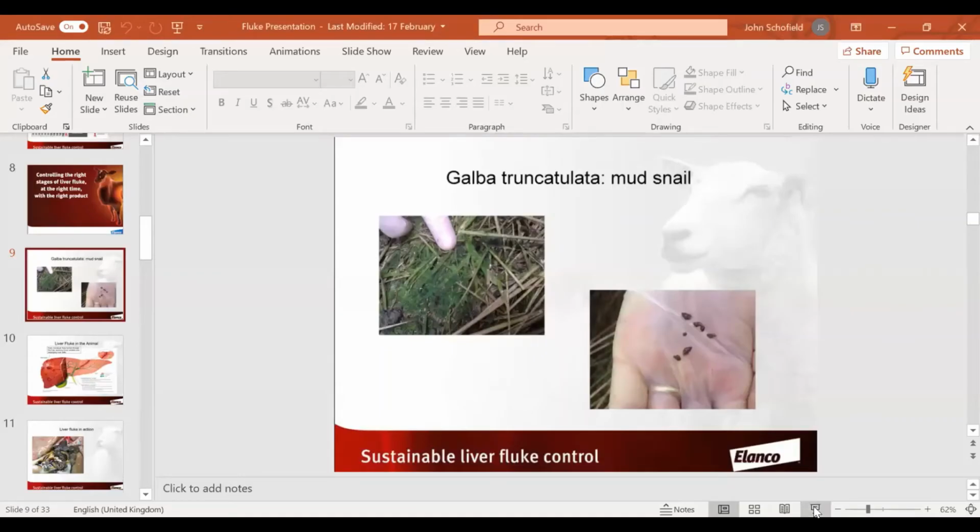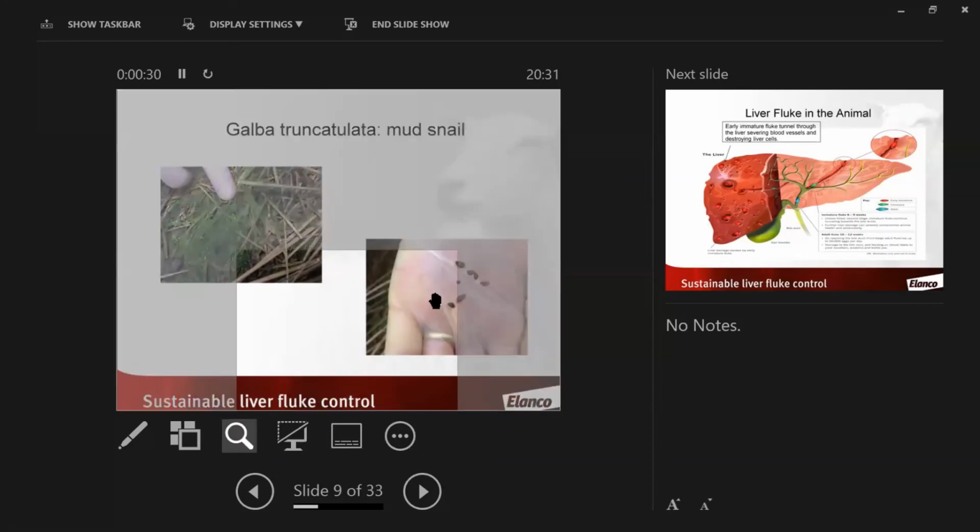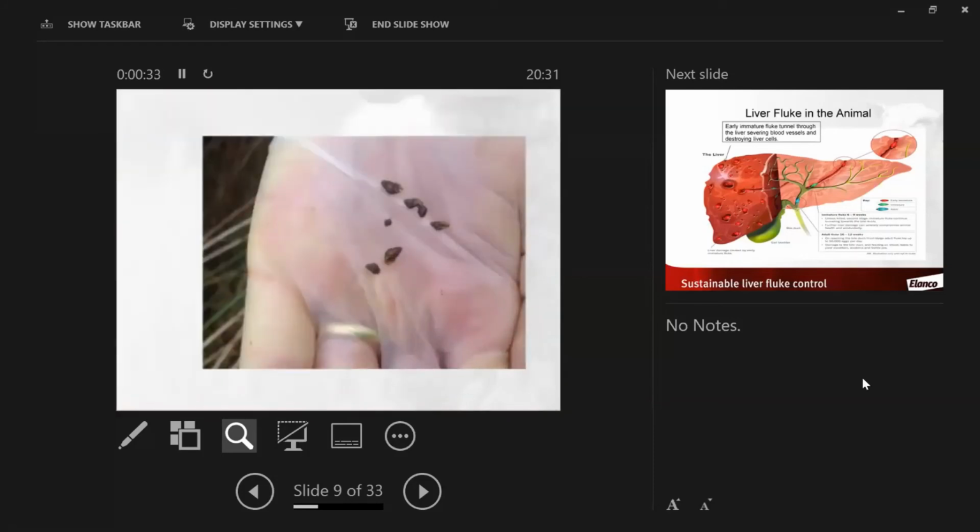In answer to your percentage, just ready for you. Ah, there we go. They're tiny. One of the interesting things, one of the specialist speakers that we had was a PhD student, and he'd mapped a farm to find where the snails were, which ones had evidence of fluke in them, and which of those had any evidence of triclabendazole resistance.